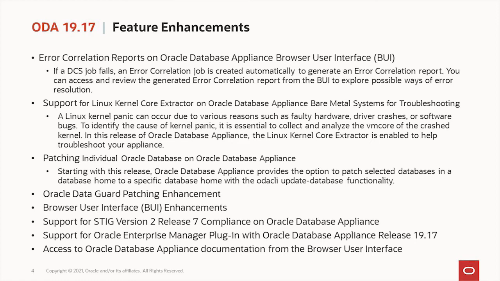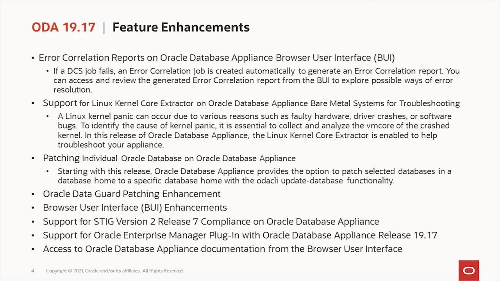Sometimes when there is a failure, it's not easy to identify what to do next. This new feature provides more information for the user as to which way to go forward to get to the error resolution.